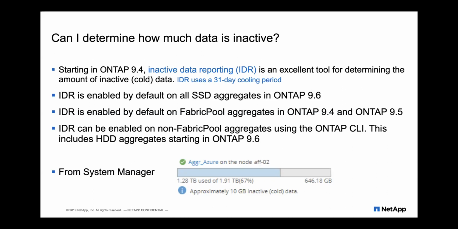It's enabled by default on your fabric pool aggregates in 9.4 and 9.5, and it can be enabled on non-fabric pool aggregates using the command line. This also includes regular hard drive aggregates starting in 9.6. Here's a quick snippet which you can review using System Manager, and you get an idea of the reporting. Very helpful when you're trying to decide how much capacity tiering you need, or how much storage you can unload from your primary.